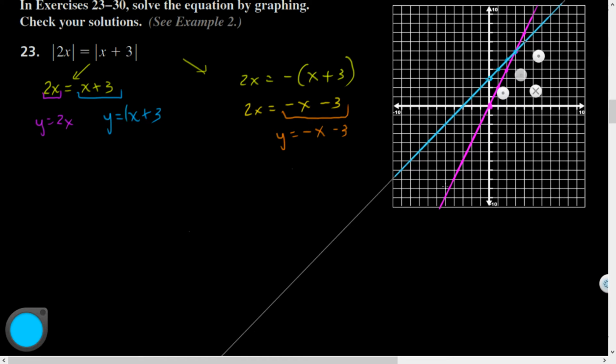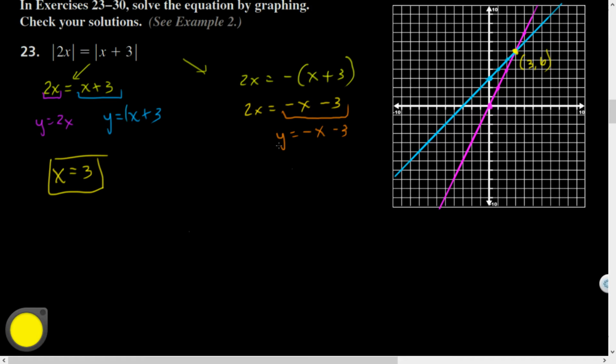I'll read the intersection here for these ones. This one happens to be the point 3 comma 6. So x equals 3 is the solution that comes from this side.